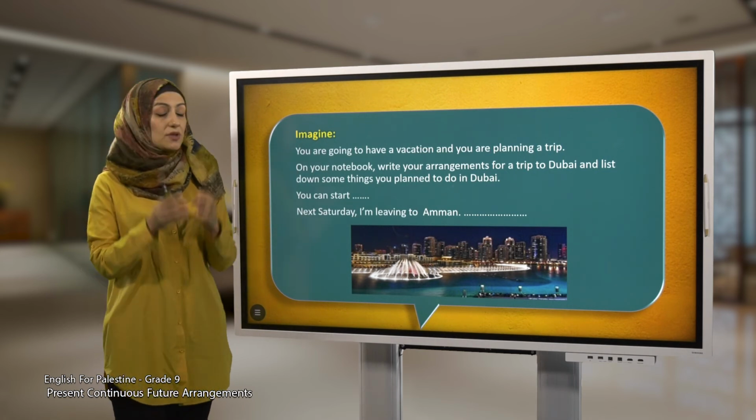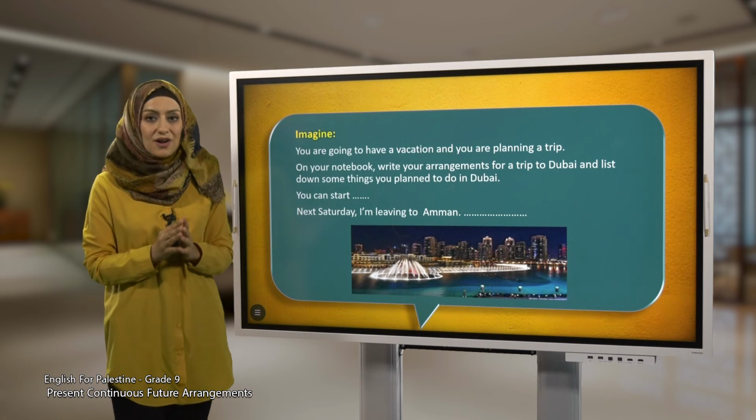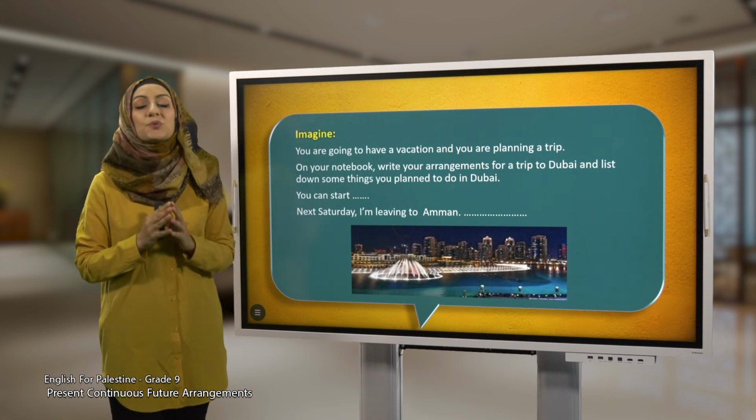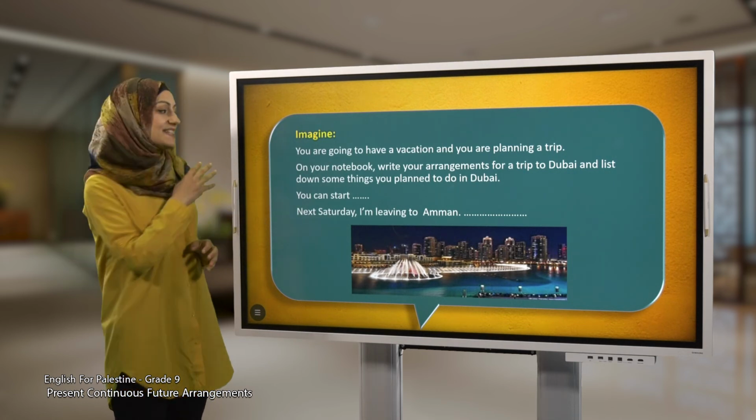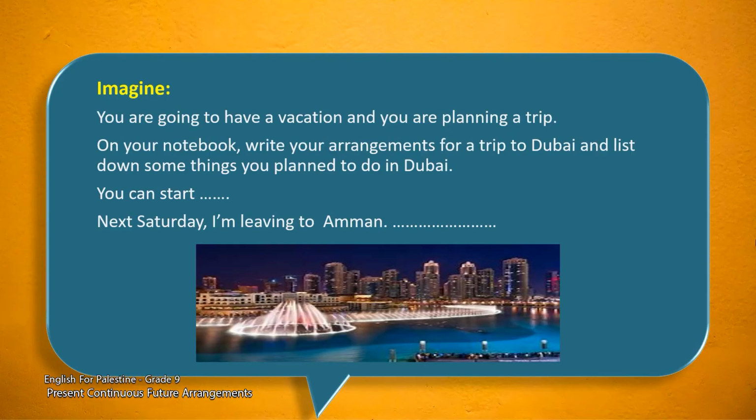First, I want you to close your eyes and start imagining a trip to Dubai. Let's read. You are going to have a vacation and you are planning a trip. In your notebook, write your arrangements for a trip to Dubai and list some things you have planned to do there.